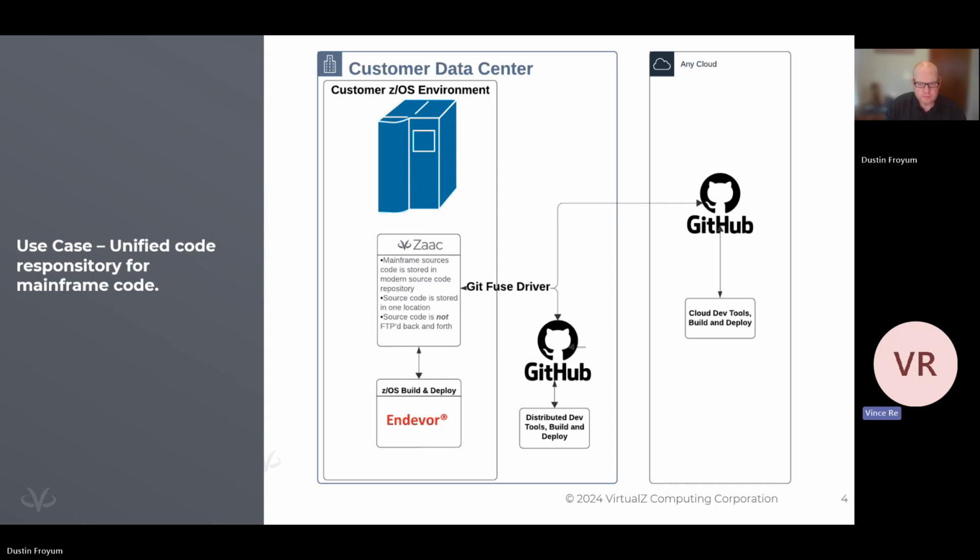I mean, I've actually tried to do that with the way we build software internally at VirtualZ. We generally standardize on Azure DevOps, which is pretty close to GitHub, and we like the idea of using modern tools like Visual Studio to edit and manage that environment. But at the end of the day, we have things like assembler language programs that need to get compiled on the mainframe.